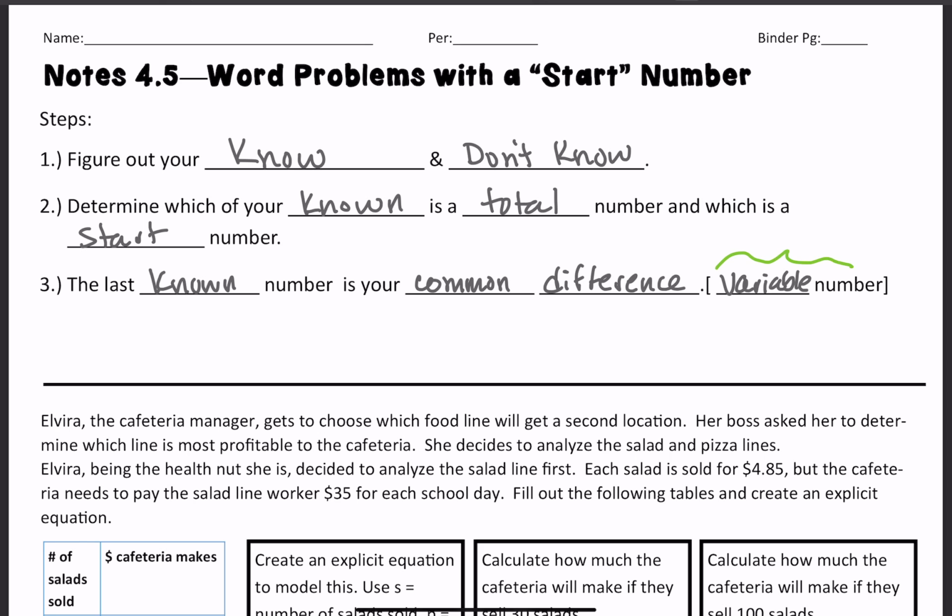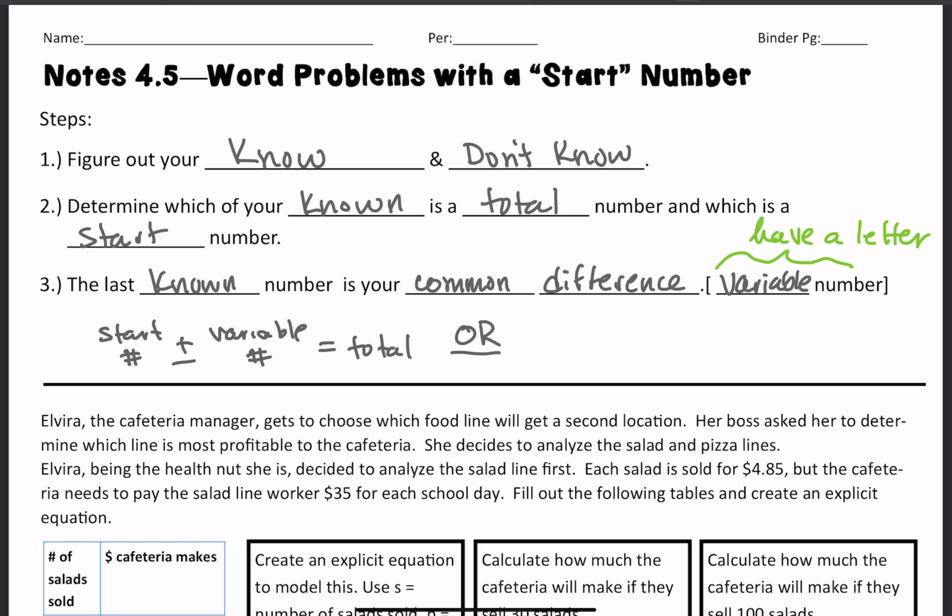Now, if it's a variable number, that means it's going to have a letter. Now, some of the ways we're going to see this, we could see it as the start number plus the variable number, or minus the variable number, equals the total.